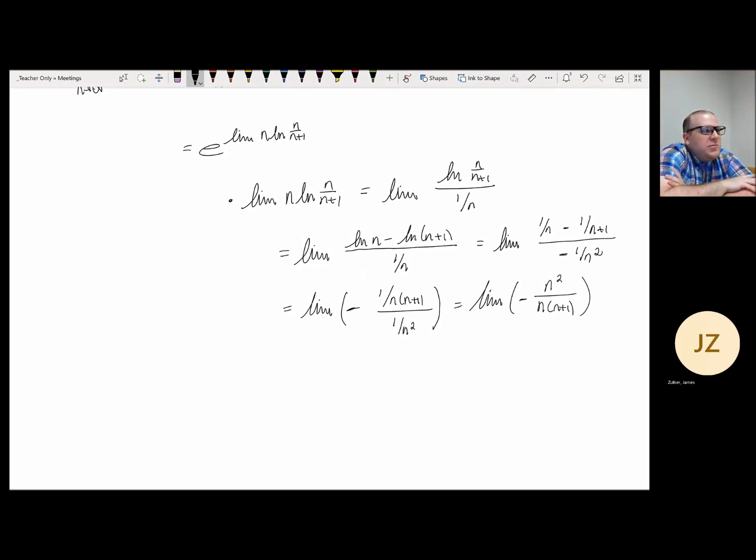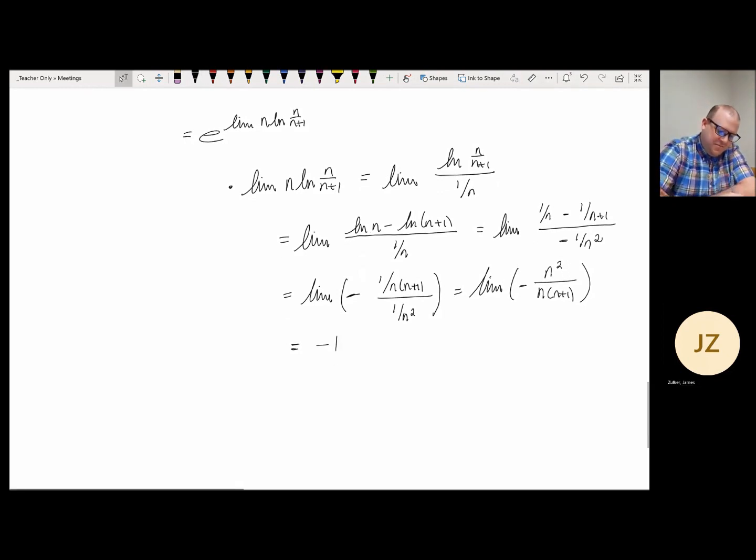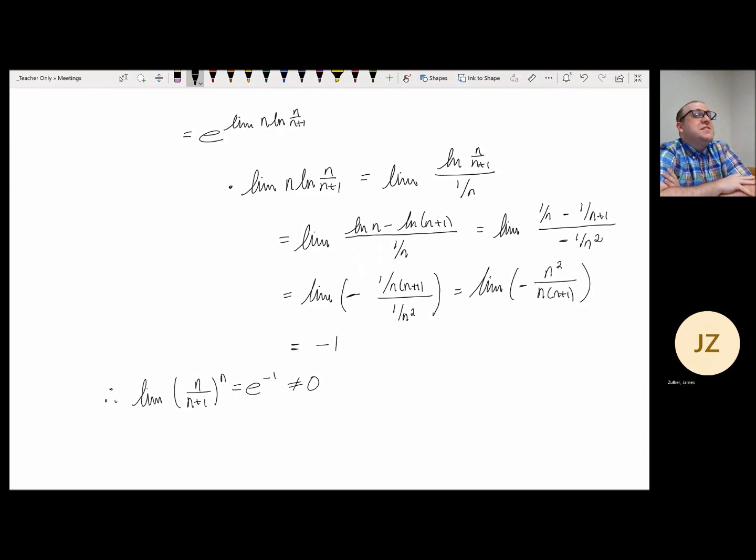So we can write it this way. And that limit is what? What is it? The limit is e to the minus 1, which is not 0.